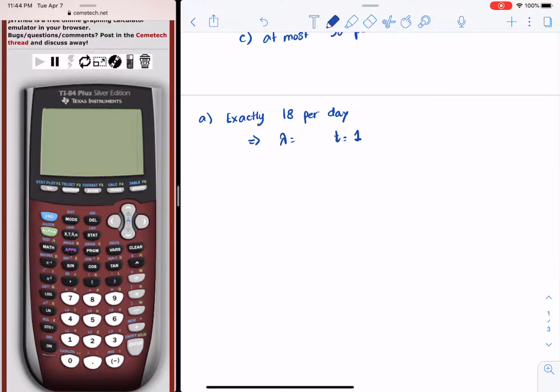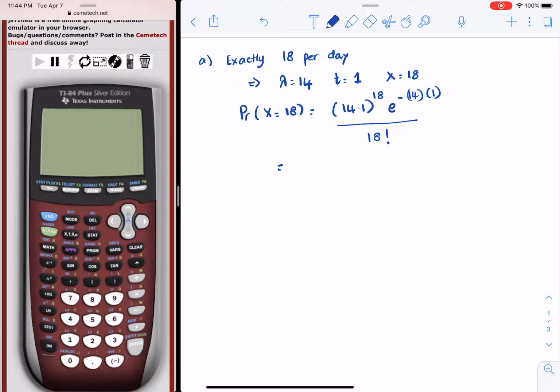So we simply have to plug it in the formula, 14 times 1, that is lambda times t, raised to x, e raised to negative lambda times t, divided by x factorial. So it's a complicated formula. 18 factorial simply would mean we start at 18 and multiply all the way down to 1.